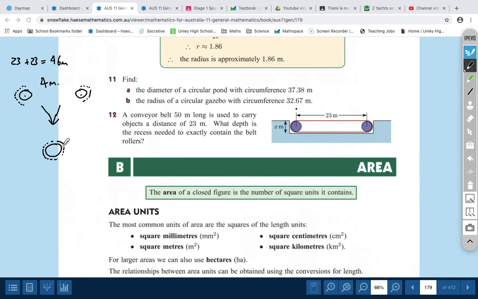I've got half a circle of belt here and half a circle there, and if I put them together I've got one circle with 4 metres of belt going around it. So I need the distance around that circle, the circumference. The formula is 2 pi r.